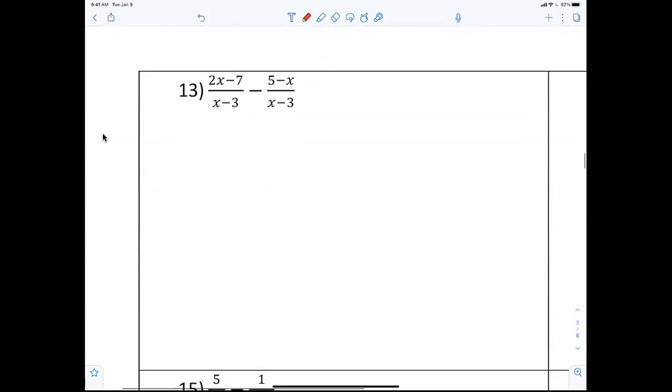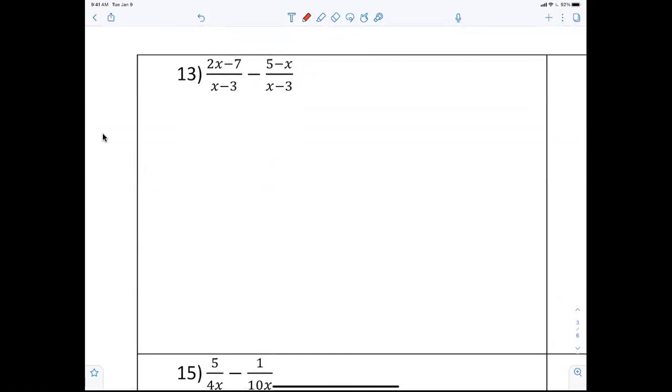All right, let's everybody take a look at 13. Now, again, do we have a common denominator here? Yeah. So we have to be careful. The common denominator is already there, x minus 3. So I need to be careful. The minus becomes a... then I distribute the negative.